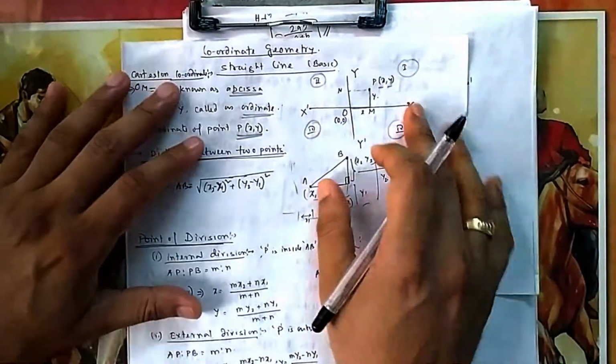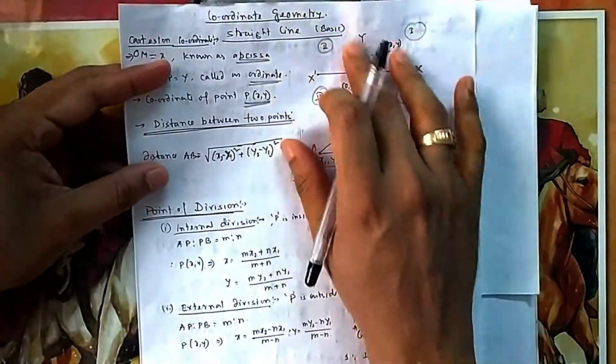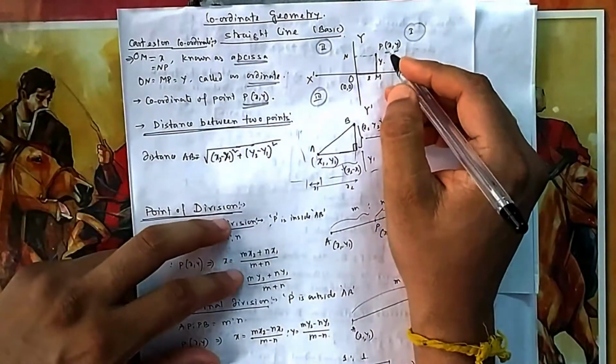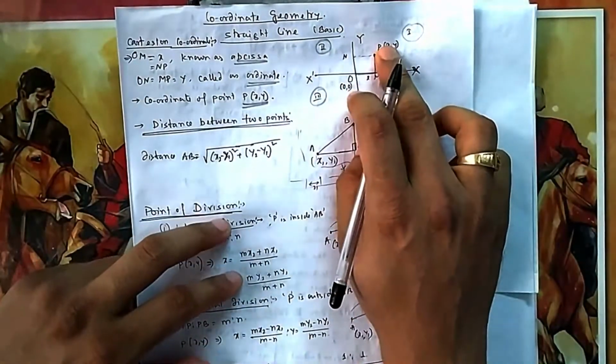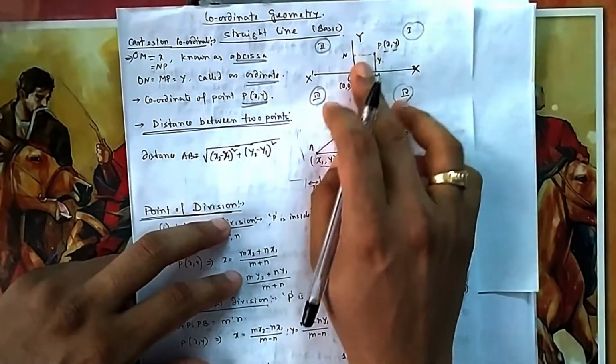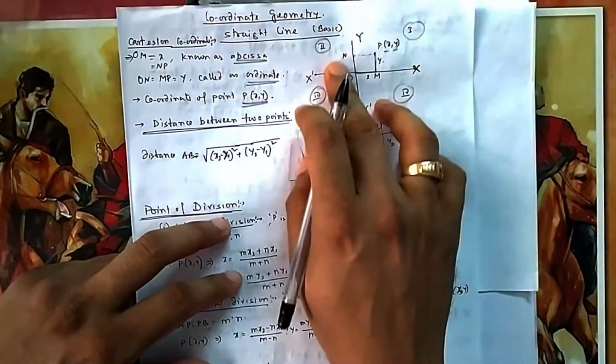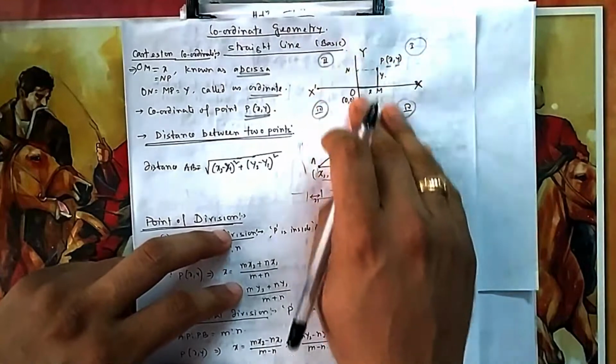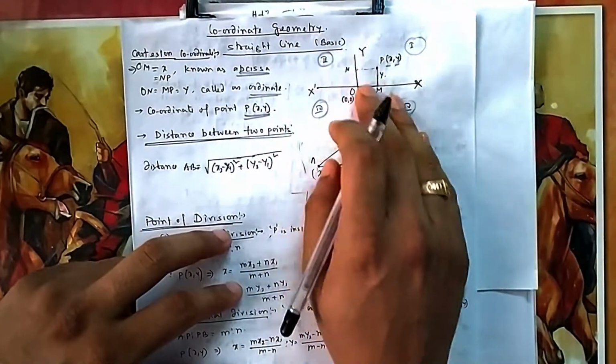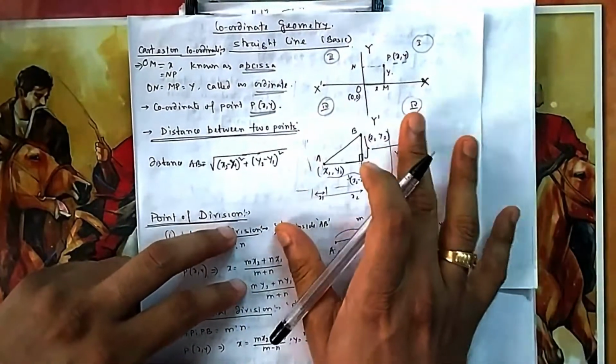That depends on how you choose your axis. If you choose the axis differently, the coordinates also change. So first you fix the axis, then you fix the points, and all the points will be given coordinates in reference to the axis you have chosen.